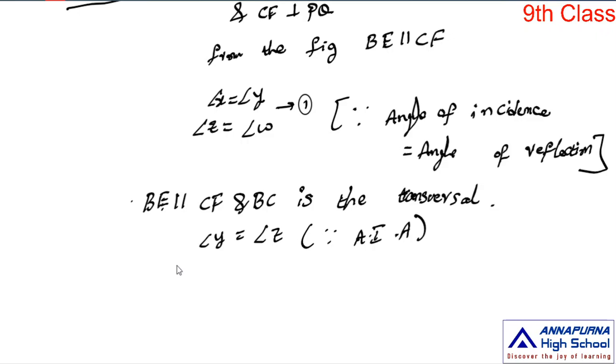Multiply by 2 on both sides in this equation. 2 into angle y is equal to 2 into angle z. 2 into angle y can be written as angle y plus angle y, and 2 into angle z can be written as angle z plus angle z.